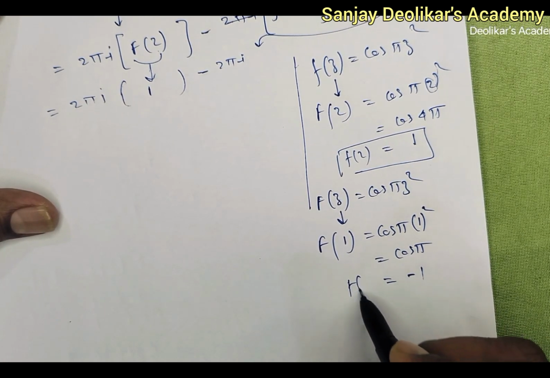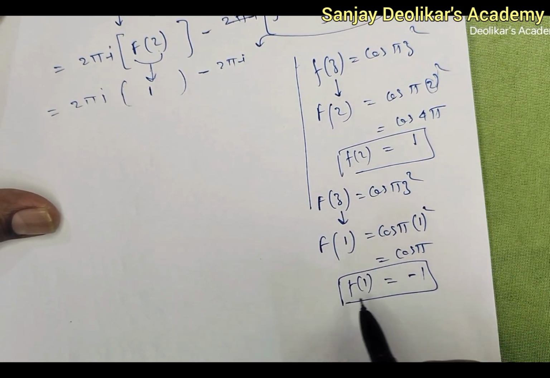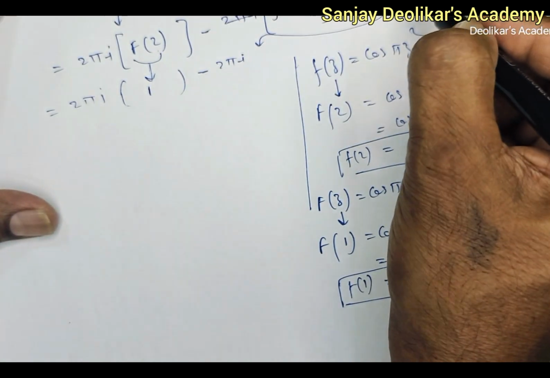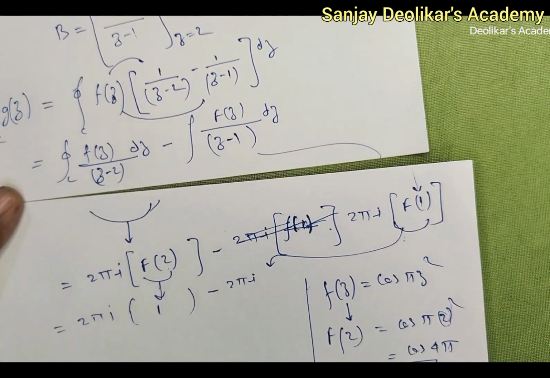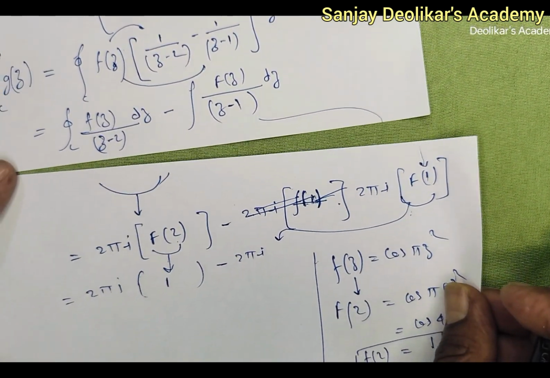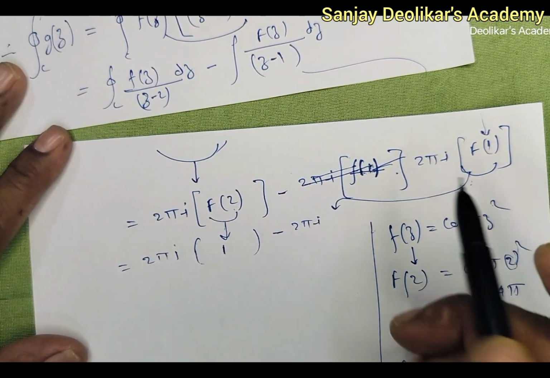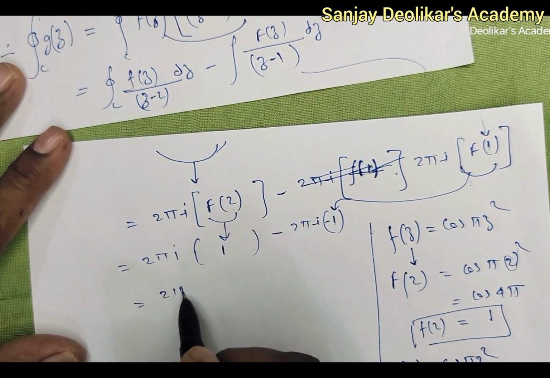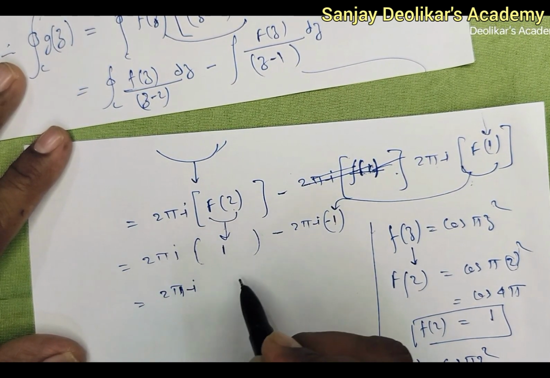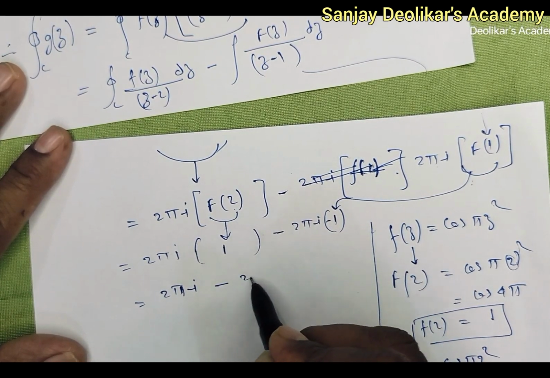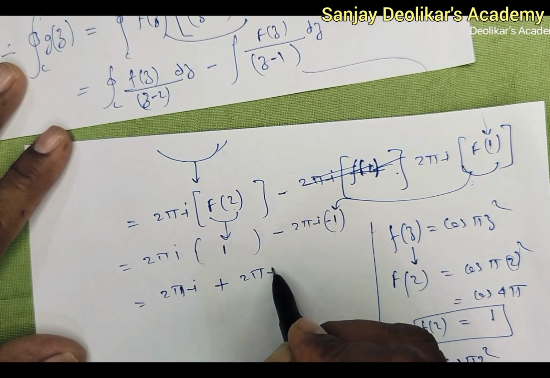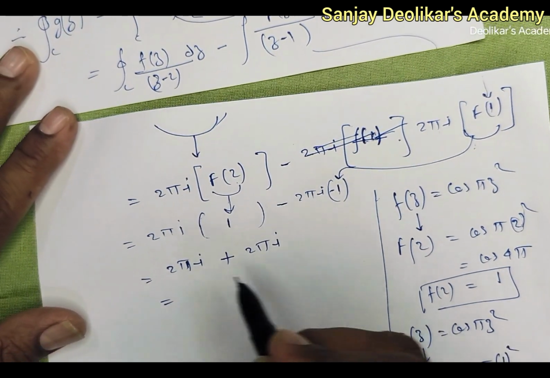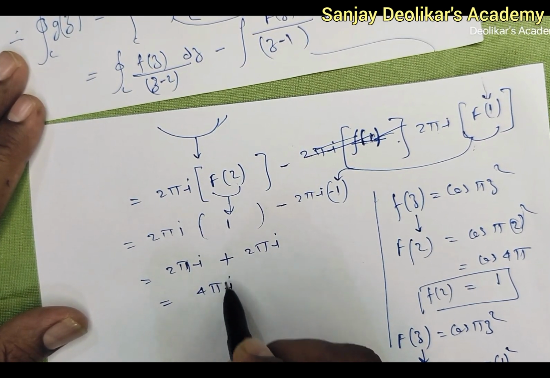So f of 1 is minus 1, and you will put minus 1 here. Now this is 2 pi i, and minus of minus means plus 2 pi i, so that will become 4 pi i.